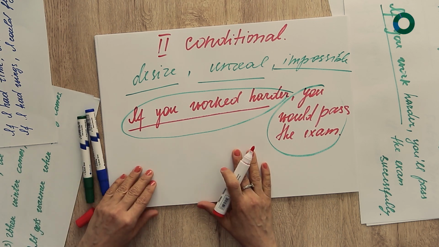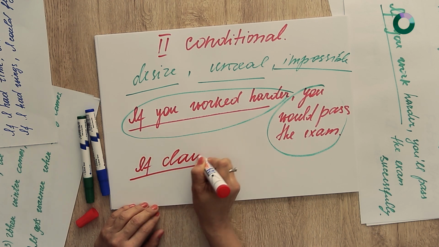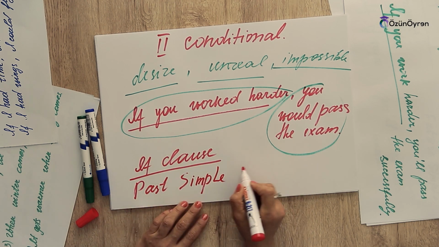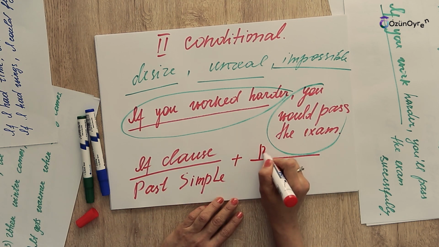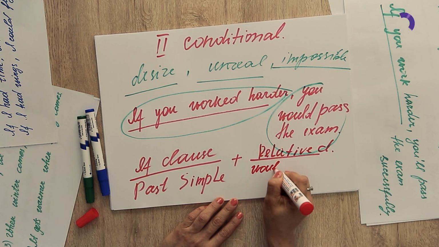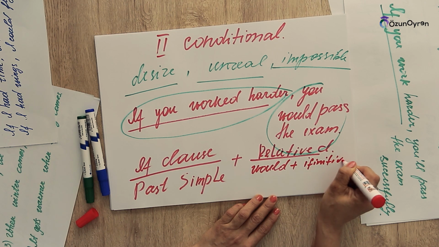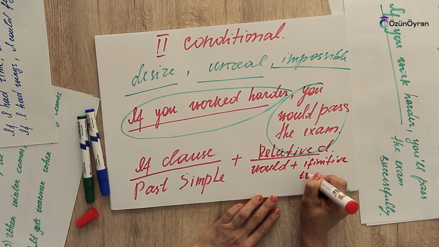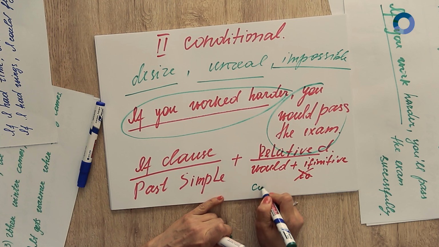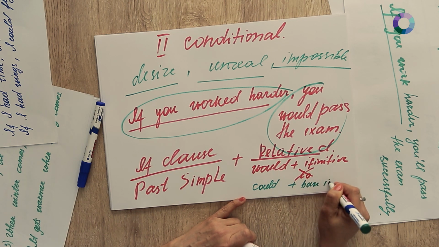In if clause we use past simple, but in relative clause we use would plus infinitive without to, or we can also use could plus infinitive without to, or bare infinitive.